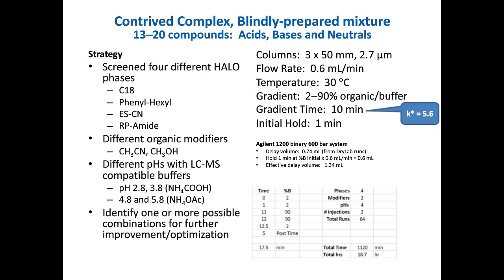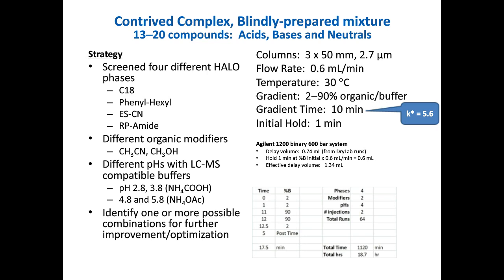And this is a blindly prepared mixture where part of the compounds were known, and then the latter 7 or 8 were not known to the analyst, which is myself. So I got my collaborators at AMT, Advanced Materials Technology, to put it together. I didn't know how many components were present.